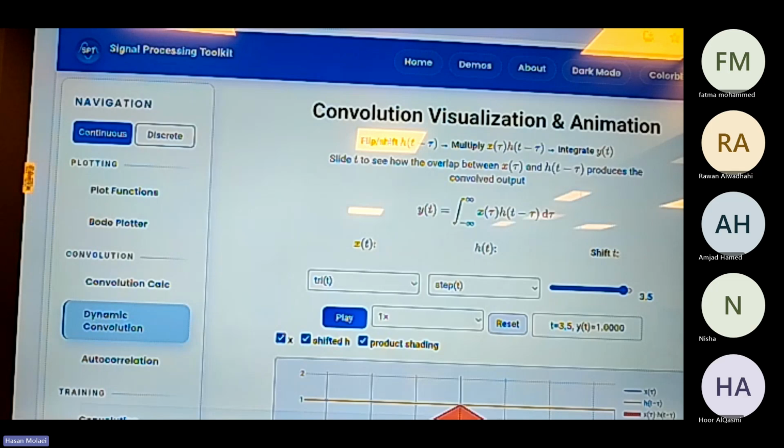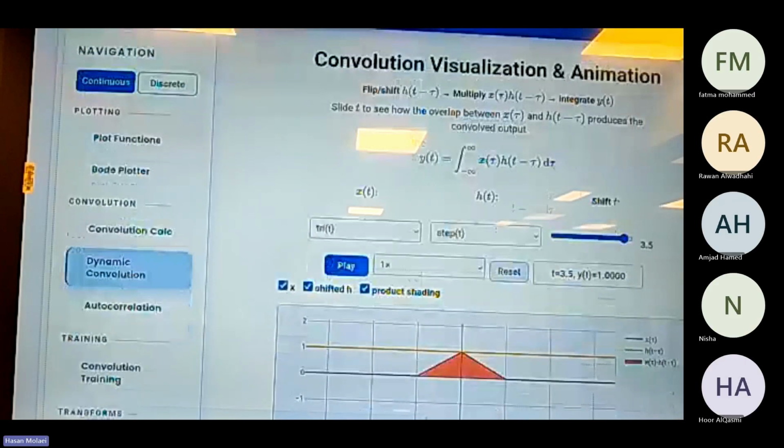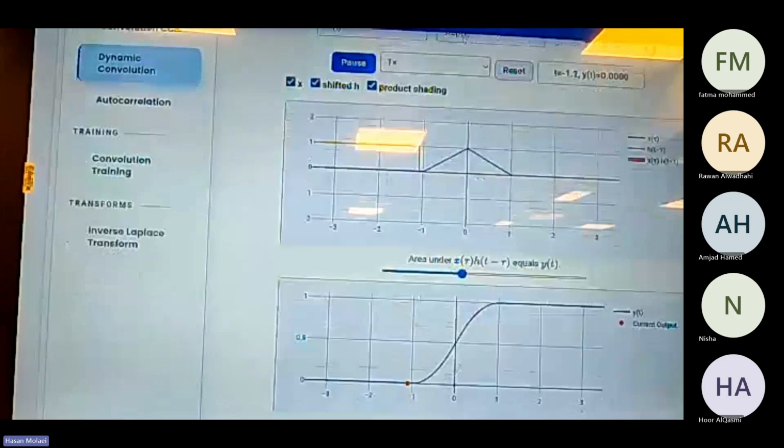The integral of step multiplied by triangle, which means this is a convolution. We convolve one triangle with one step. Convolution of a step with anything is the integral of that function. So it should be the integral of the triangle.